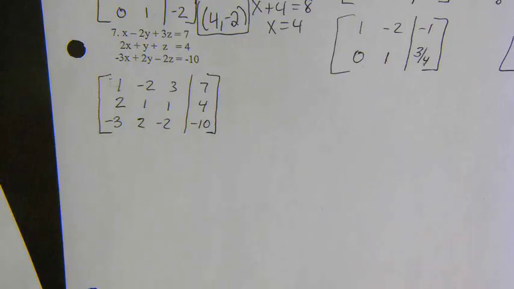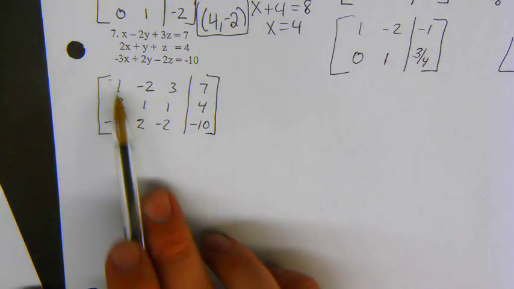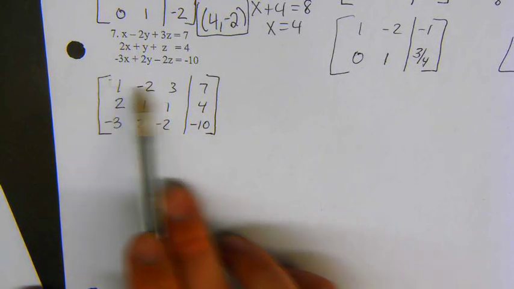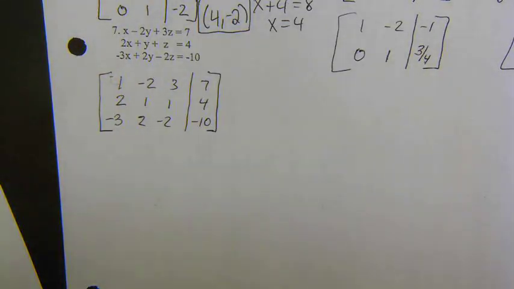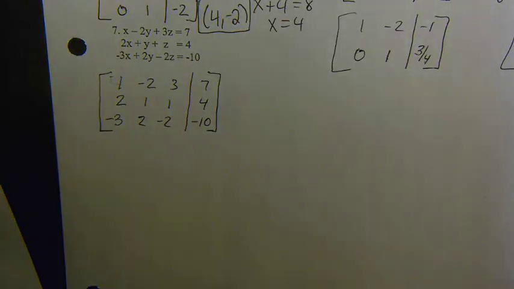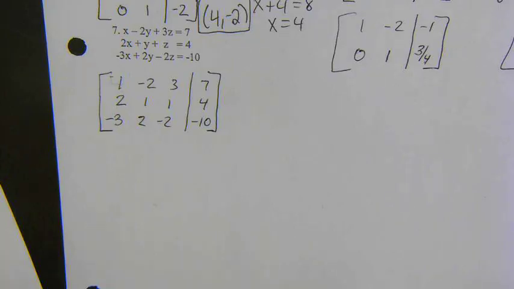You can't use subtraction or addition of just one row. You can't just say, this is a 4, so I'm going to subtract 3 from it all. You either have to use multiplication or division, or you can use addition or subtraction of different rows.